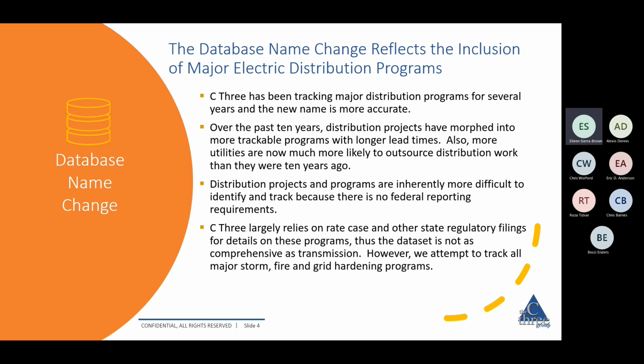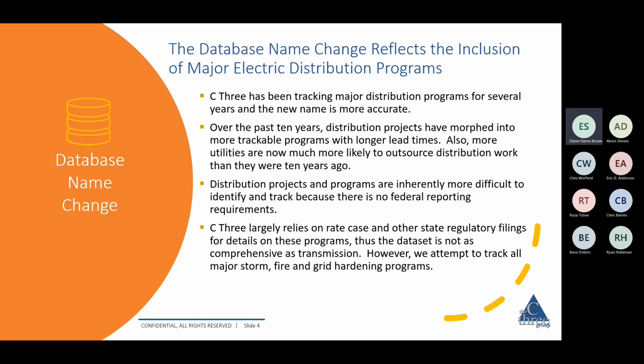So being able to at least capture more distribution programs and projects has been growing, and continues to grow in our database. Now the transmission projects do dominate the vast majority of what's in our data, and we still recommend purchasing the annual electric distribution forecast, because the distribution forecast, unlike the programs and projects, is a 360-degree view of CapEx spend in those distribution programs.